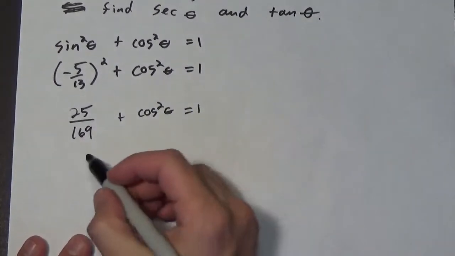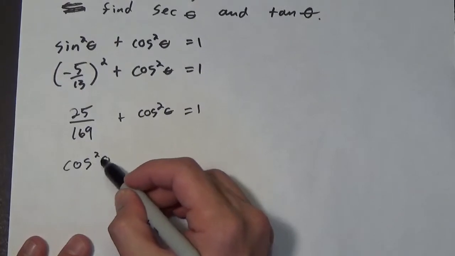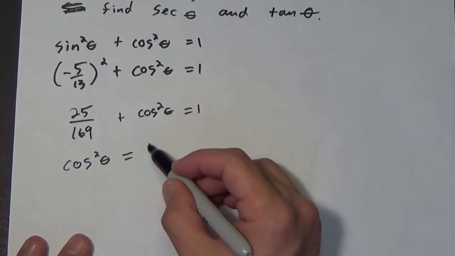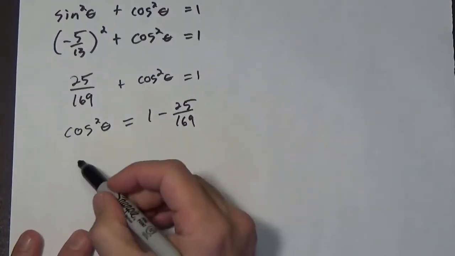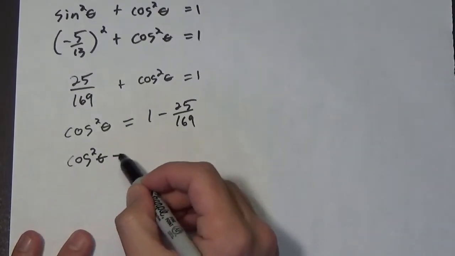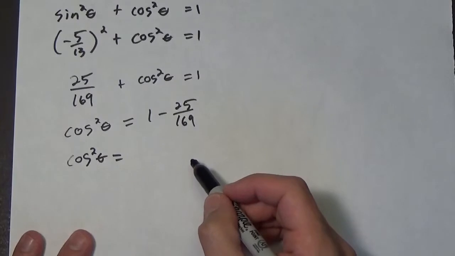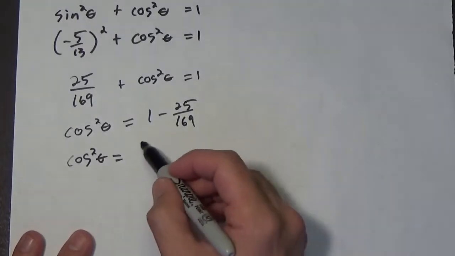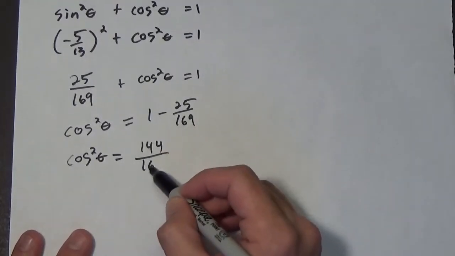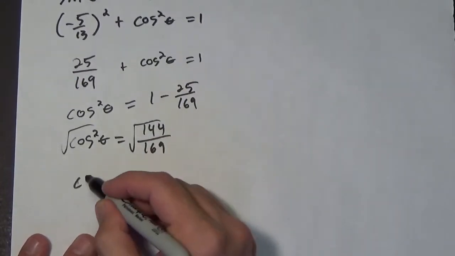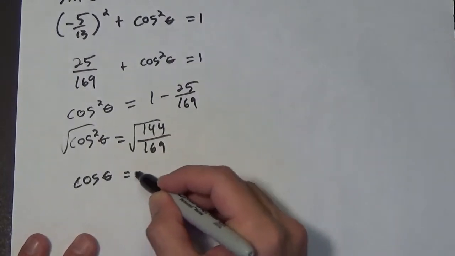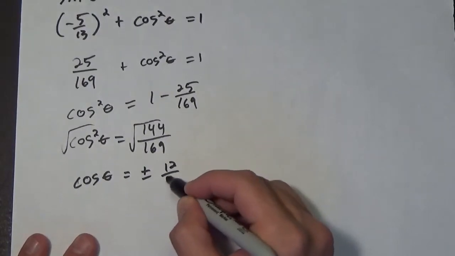So cosine squared of theta is 1 minus 25 over 169. So what's 169 minus 25? That's 144 over 169. And then we take the square root of both sides, and the cosine of theta is going to be plus or minus 12 over 13.